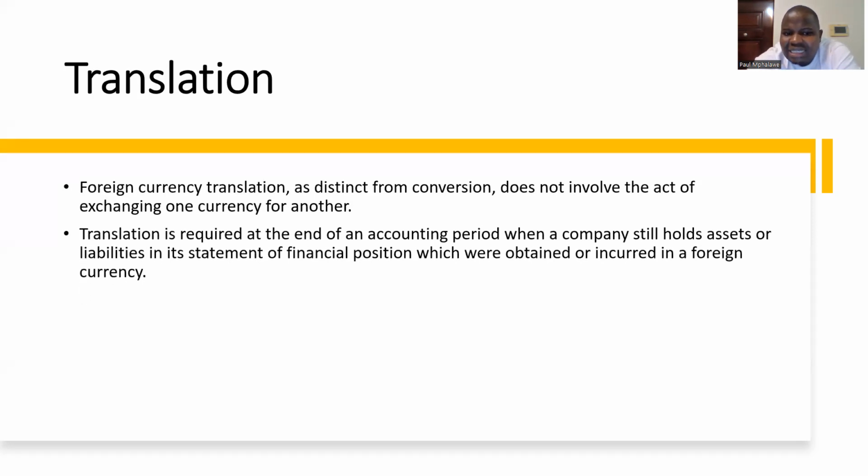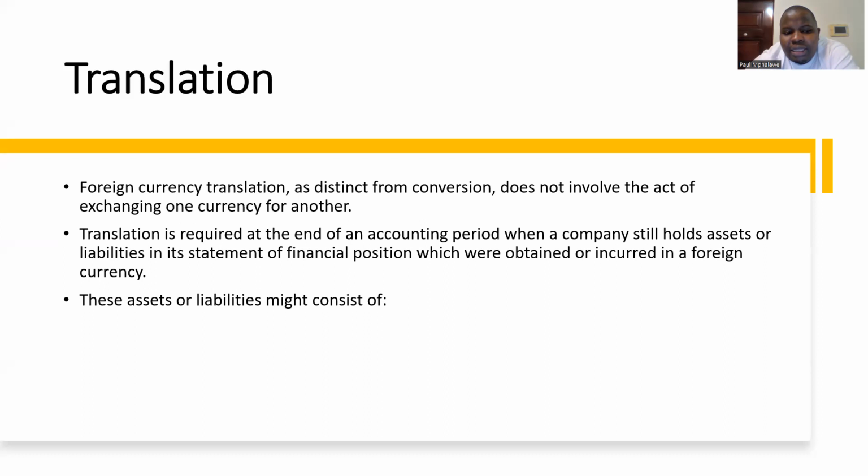The translation is required at the end of the accounting period when a company still holds assets or liabilities in its statement of financial position, which were obtained or incurred in foreign currency. So each year end, a company should translate the non-monetary items, in short.